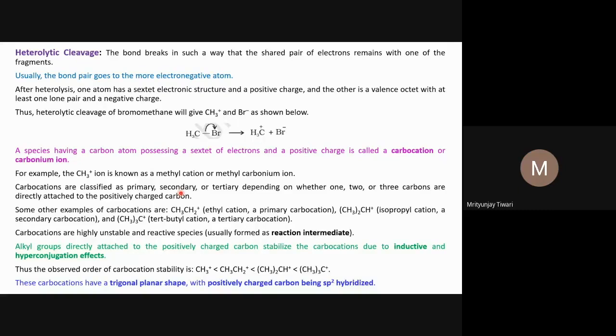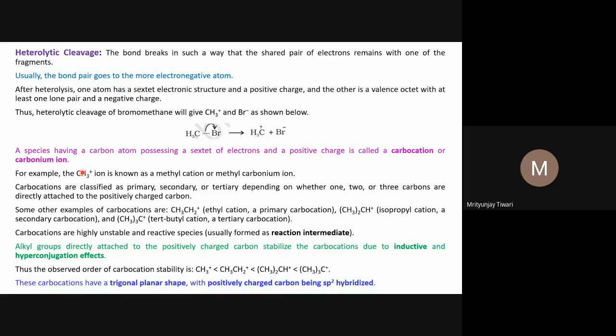We will see primary, secondary, and tertiary carbocations. So what are the definitions of primary, secondary, and tertiary carbocations? This is methyl carbocation, and suppose another carbon atom is associated with this carbon atom. In that case, if only one carbon atom is directly linked to the carbon atom having a positive charge, such carbocations are called primary carbocations.